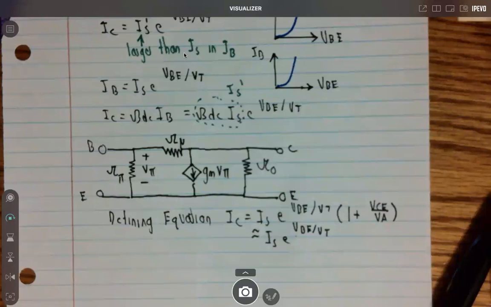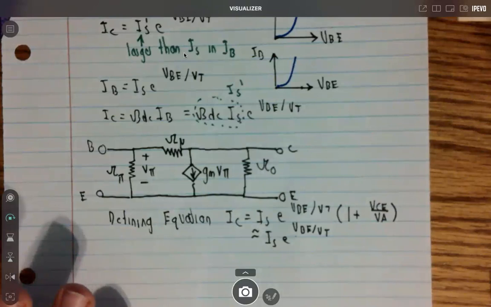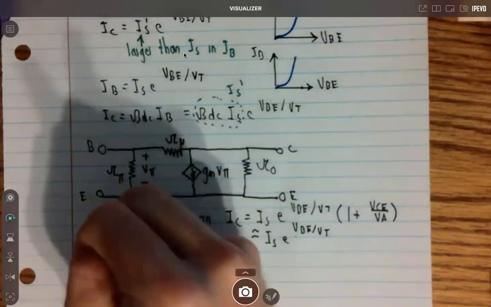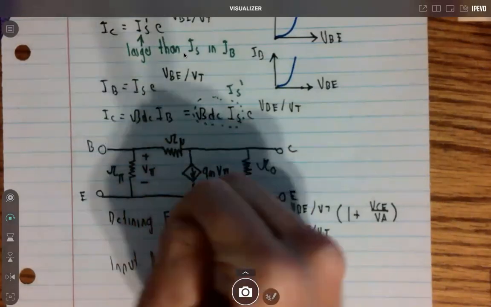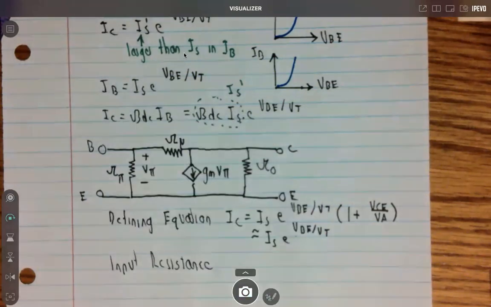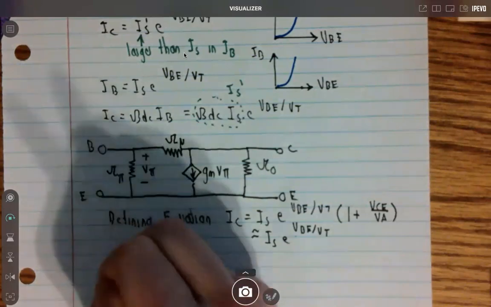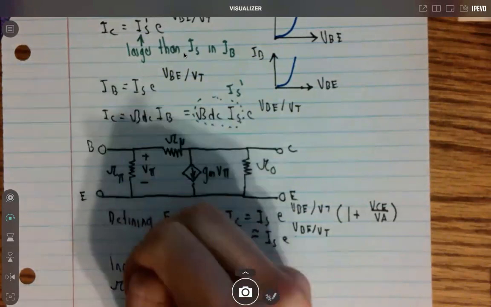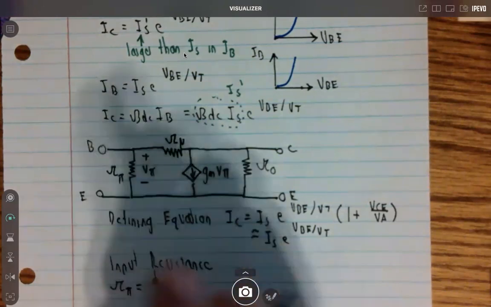Starting with the first one, the input resistance, what is that going to be? The input resistance R pi is equal to, and notice there's a voltage drop in between here, between the base and emitter.